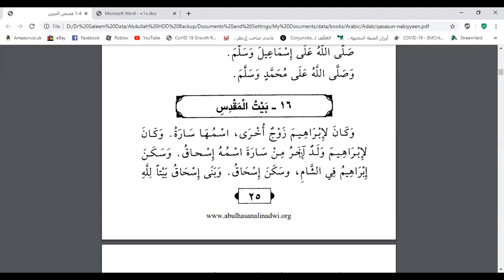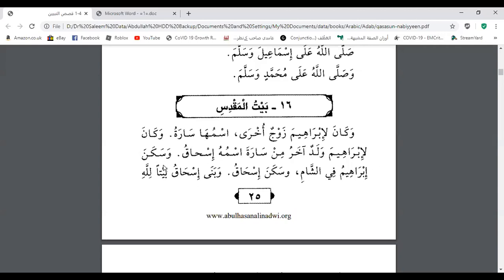Akhar is another, second, next. Okay, so akhar as opposed to akhir. Akhir is last. Ukhra is plural of akhar. Min Sarah, from Sarah. He had another son. Ismuhu Ishaq. His name was Ishaq.